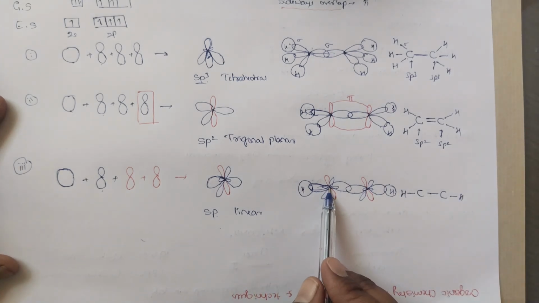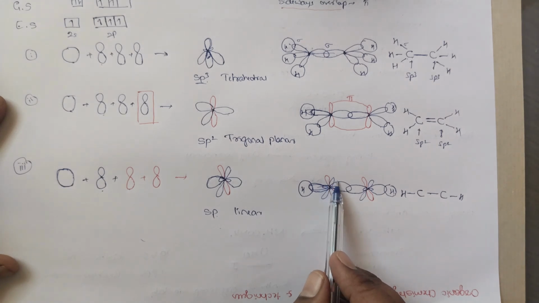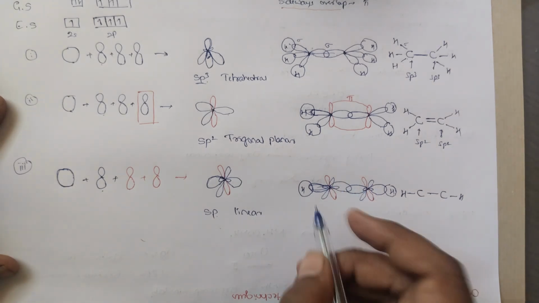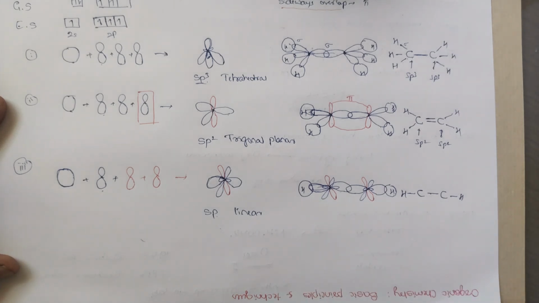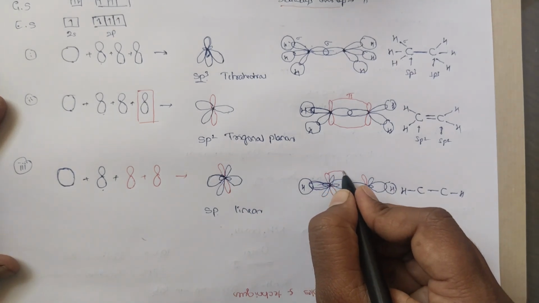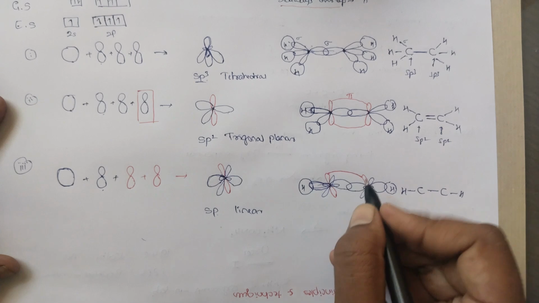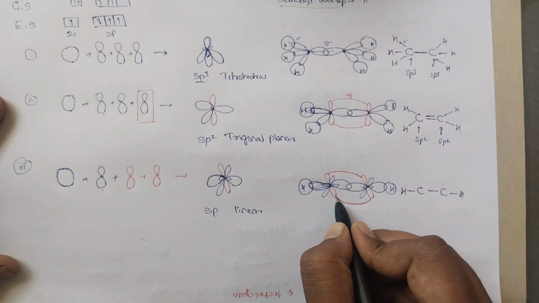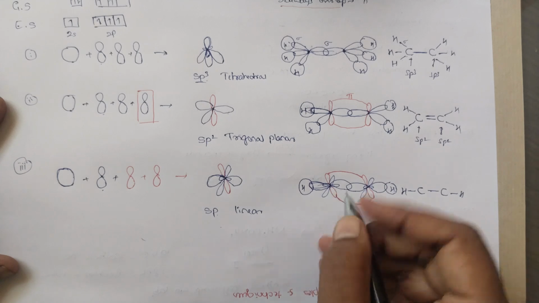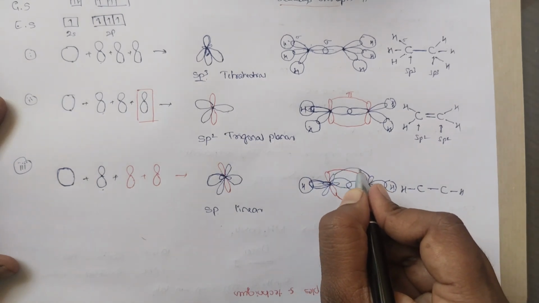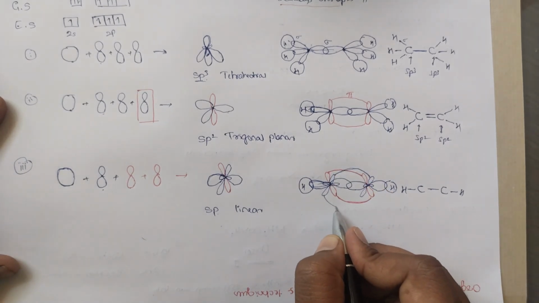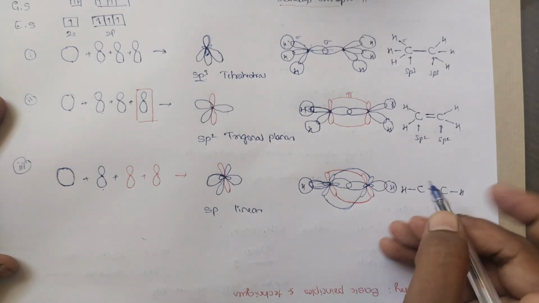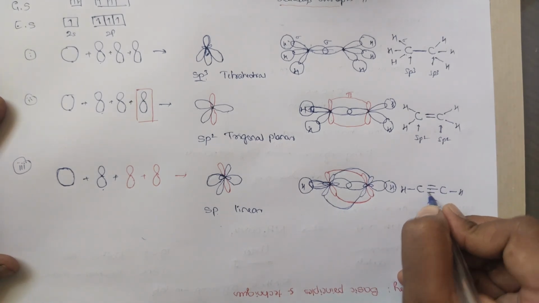So here for this carbon we have two p orbitals, these are unhybridized. Here also we have two unhybridized p orbitals. So this p orbital is overlapping with this p orbital sideways. You can see that here also the overlapping is sideways, so that there is a formation of two pi bonds.